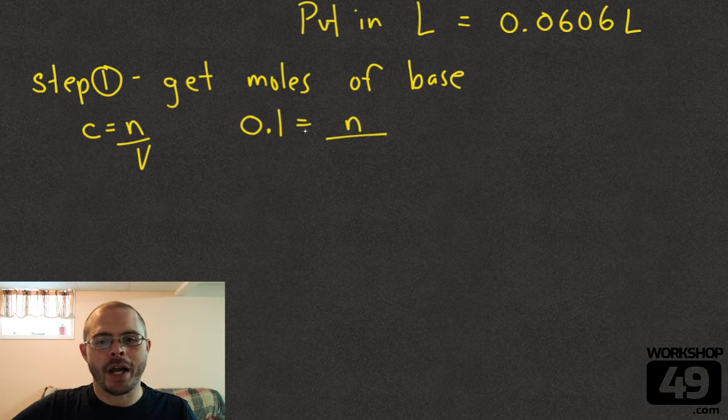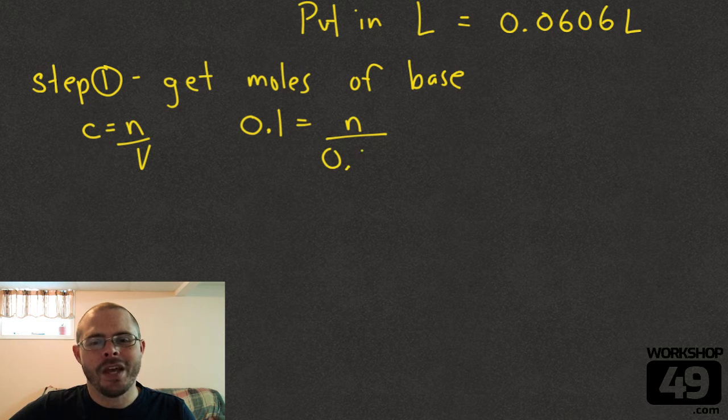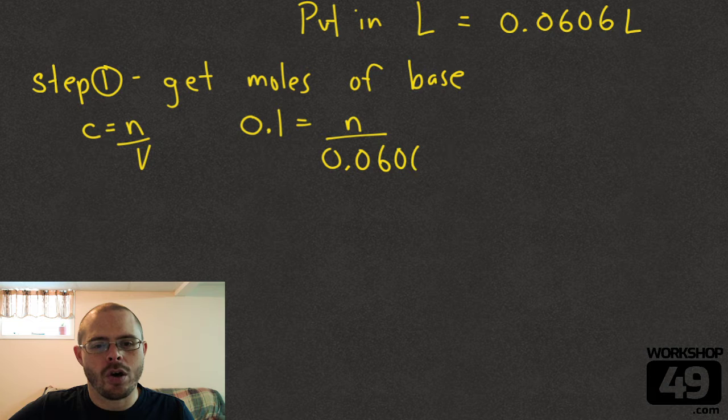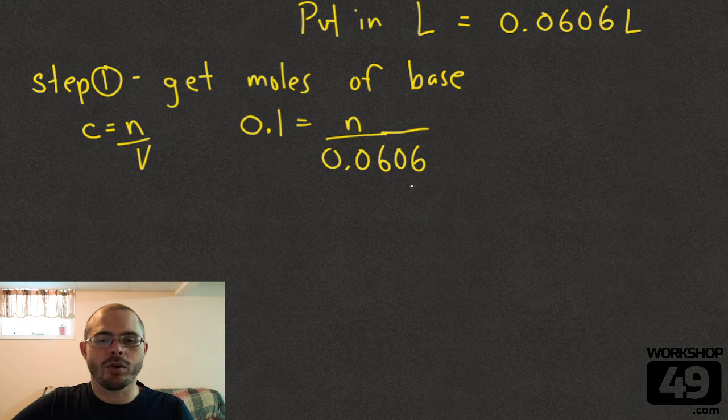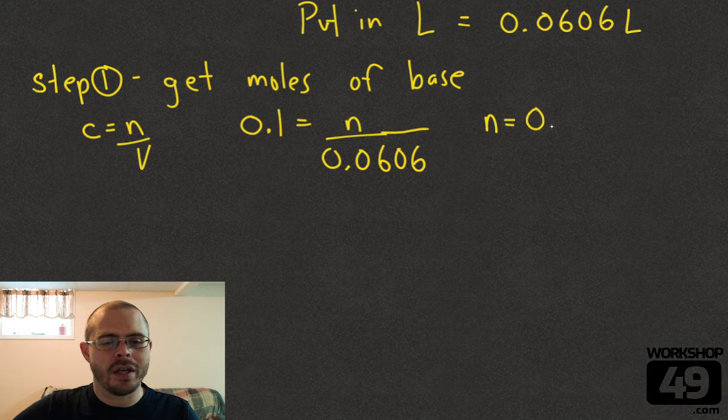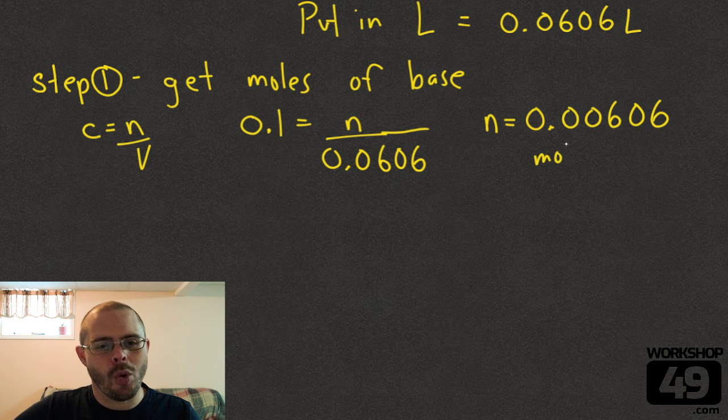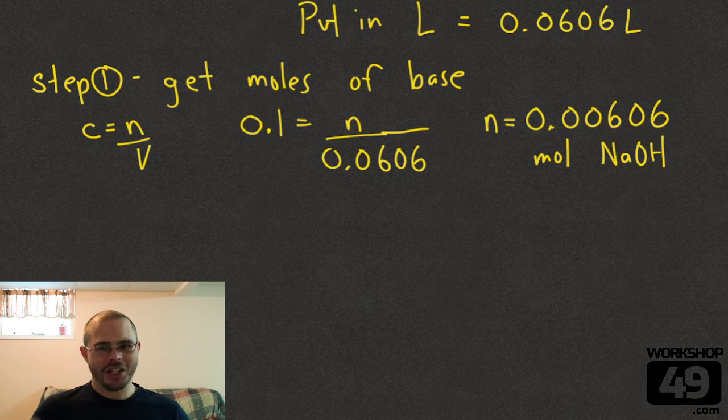We're going to divide this by our volume in liters. We got it in liters. Don't forget that. 0.0606. To get this n all by itself, we're going to multiply both sides by the 0.0606. We're going to get that our number of moles is 0.00606 moles of sodium hydroxide. Step one complete.